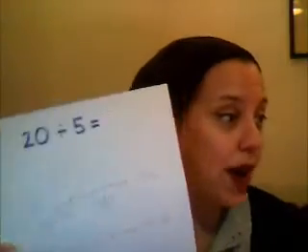Or what times 5 is 20? How many 5s make 20? We are going to come back to that tomorrow. I just want you to lodge that into your maths brain, because that skill is going to be crucial.